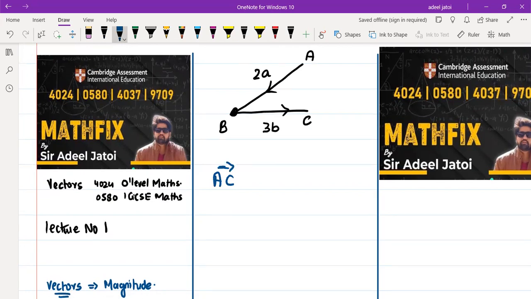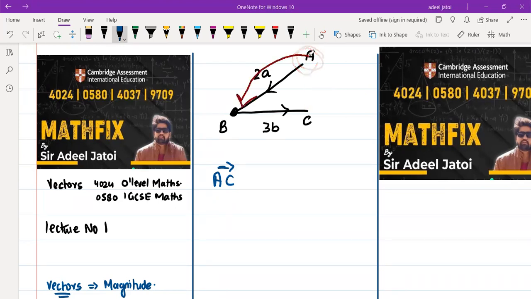Now remember, whenever you do vectors, you can't go directly. You need to go through the route. If I want to find this direct vector, but I do not know the magnitude and the direction, I'll create a route.